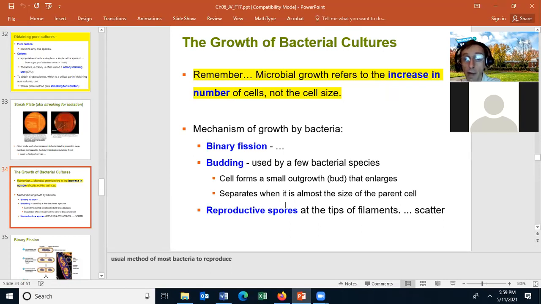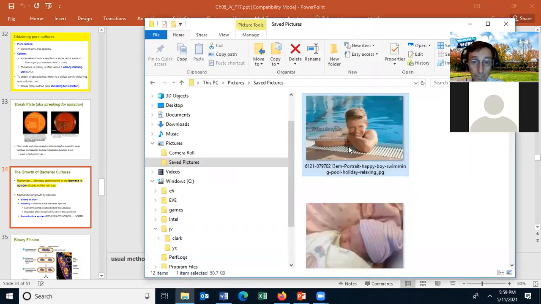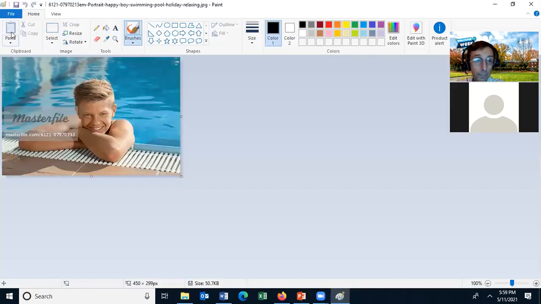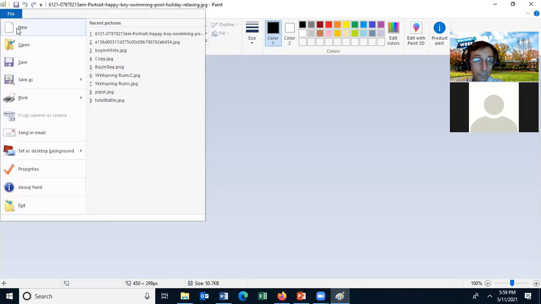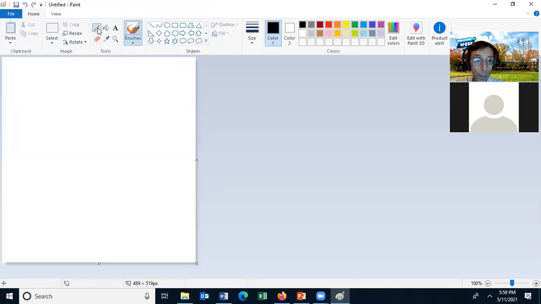There are a few bacteria that can also reproduce by a reproductive spore. Let me see if I can open paint again. We have a parent cell, which is big and usually elongated, and it puts off a number of buds on the edge of the parent cell.